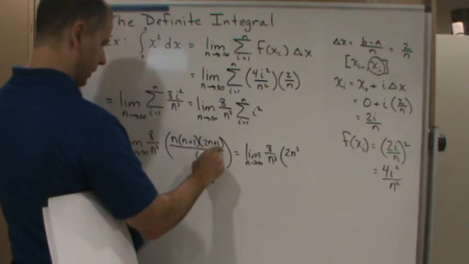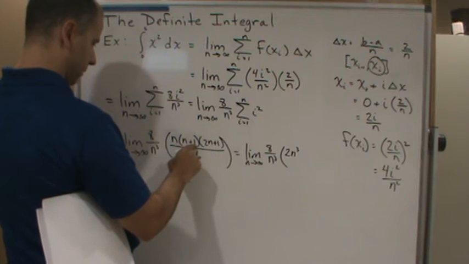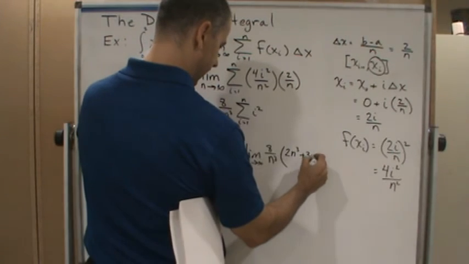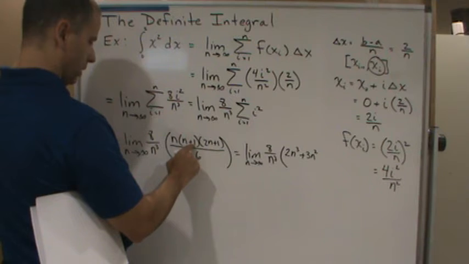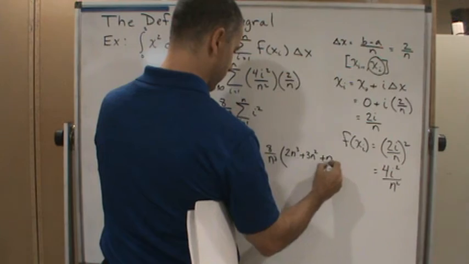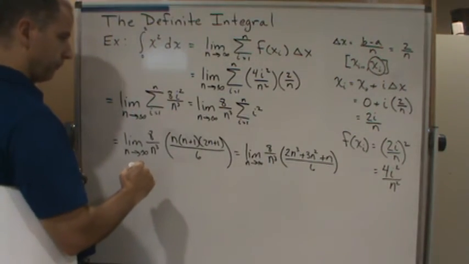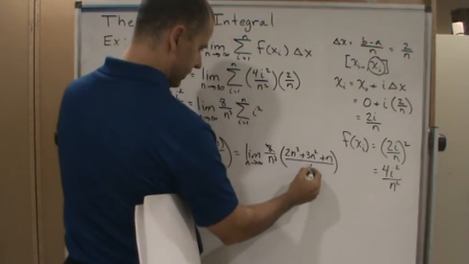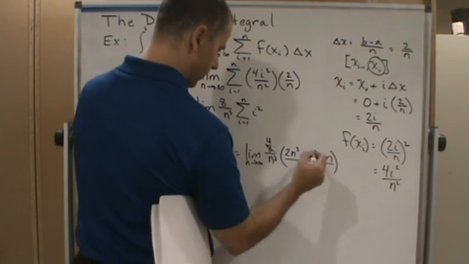And then n plus 2n, which is going to be 3n, so I'm going to get 3n squared. And then I get 1, so that's going to be plus n, over 6. Okay? Now here, the 8 and the 6 can be reduced, right? They're both divisible by 2, so that's going to be 4/3, okay?